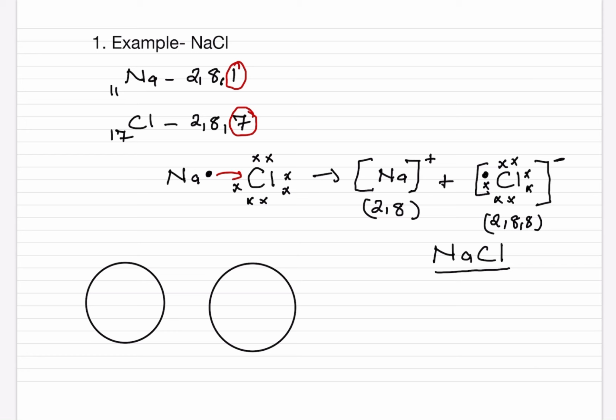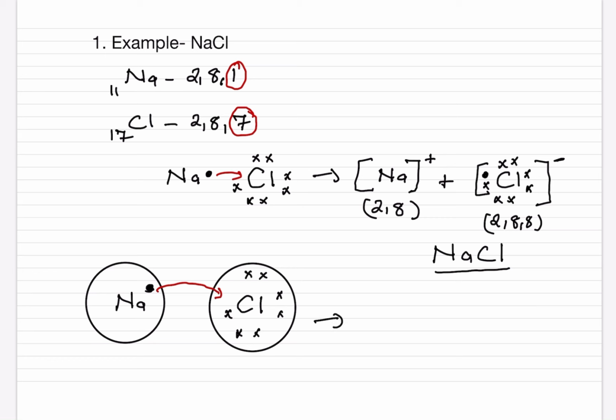Then we can write down sodium in the center and show its electron with a dot. Then we can write chlorine in another circle and show its electrons by making crosses, 1, 2, 3, 4, 5, 6 and 7. Then we can again show the arrow showing the transfer of electron.